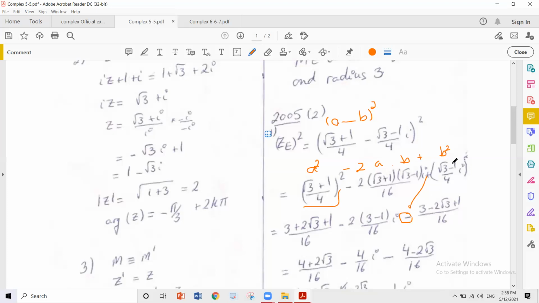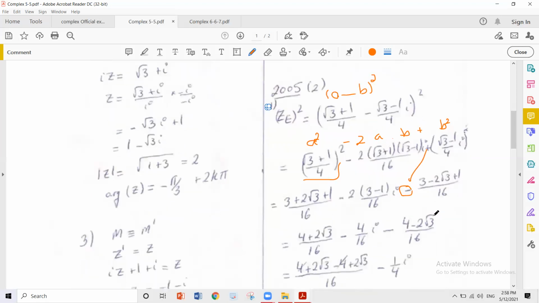That means radical 3 squared is 3, minus 2AB, minus 2 radical 3, plus 1, over 16. Three plus 1 is 4, plus 2 radical 3 over 16. 3 minus 1 is 2, times 2 is 4, over 16. 3 plus 1 is 4, minus 2 radical 3 over 16.